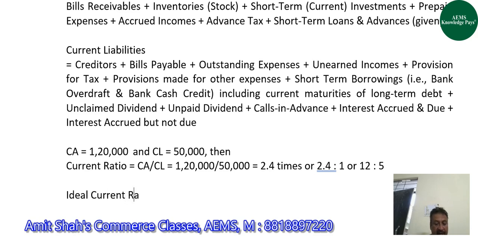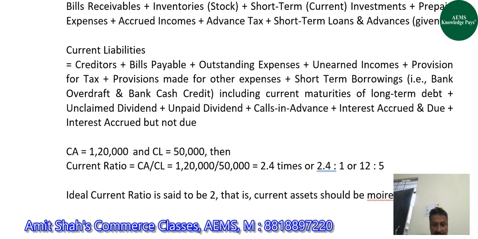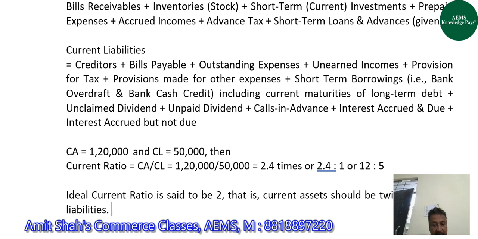Now guys, ideal current ratio. This is sometimes asked in Viva, what is ideal current ratio? So ideal current ratio is said to be 2. That is, current assets should be twice of current liabilities.